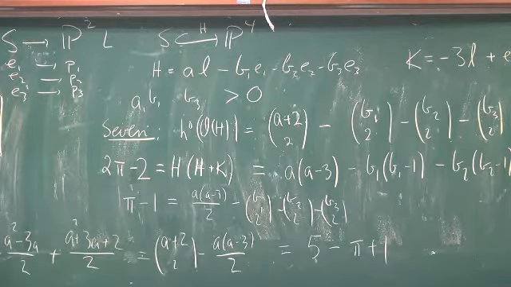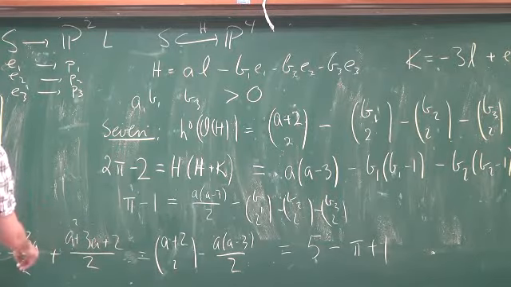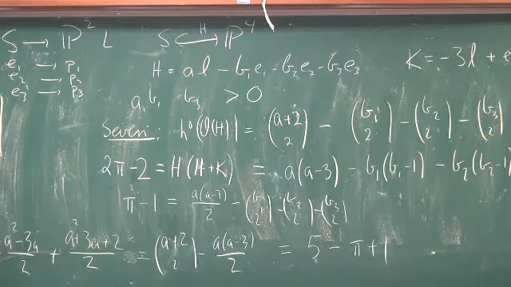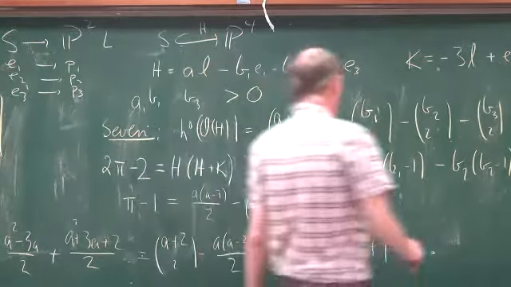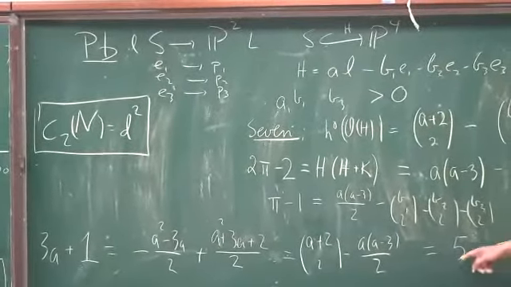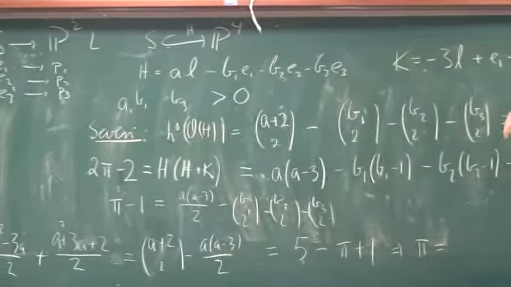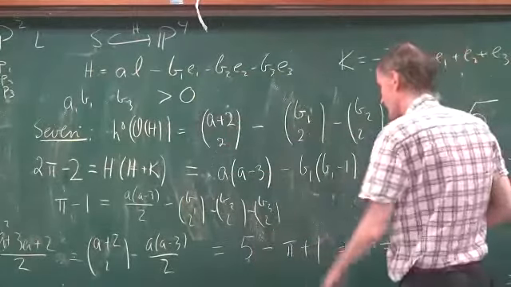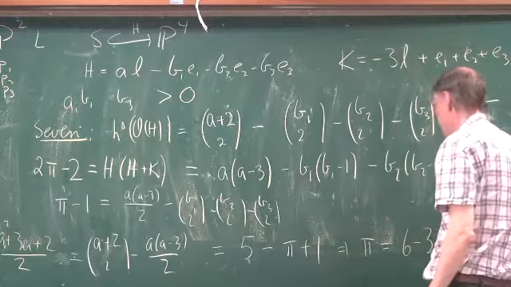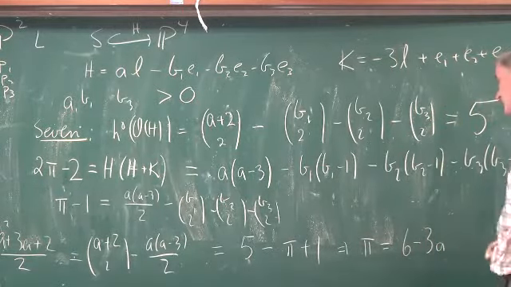So this should be 3a plus 3a, 6a over 2 is 3a, and then plus 2 over 2. Is that right? Do you agree with this here? So what do I get here? So pi, 6 minus pi, I could put pi over on that side, and I get 6 minus 3a minus 1.